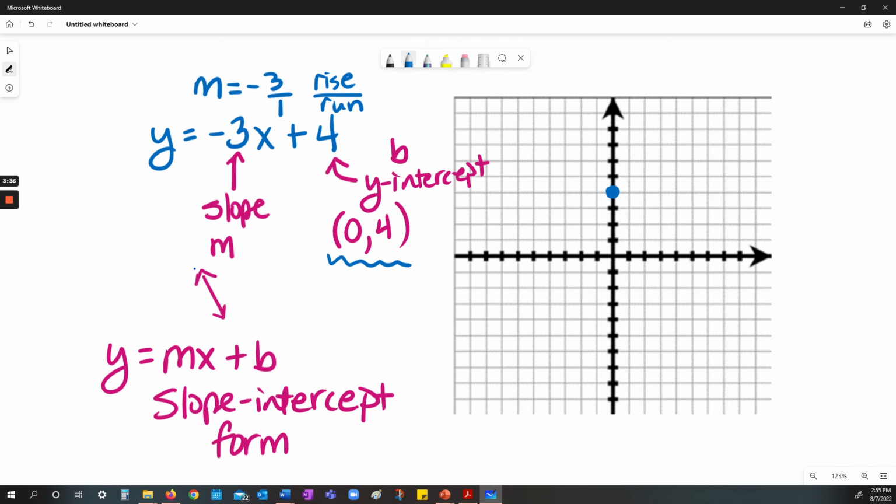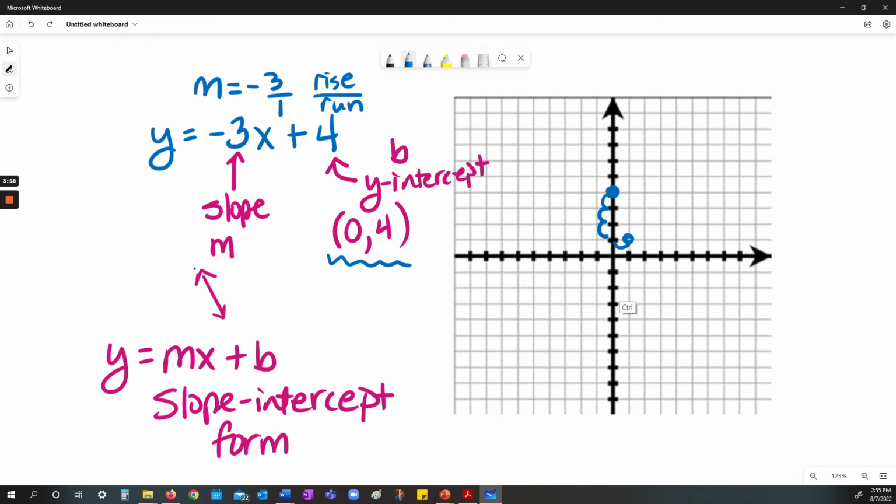So rise over run, negative 3 over 1 in this case. That means starting from our y-intercept, we're going to go down 3 and then right 1. So we're assigning the negative to the 3. We're going to end up here.